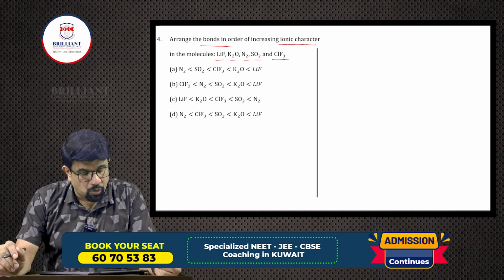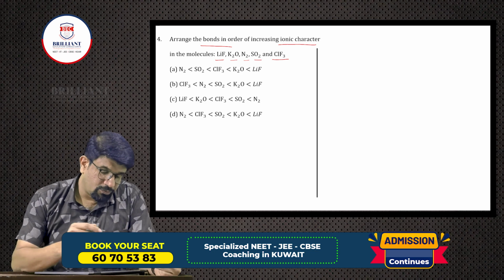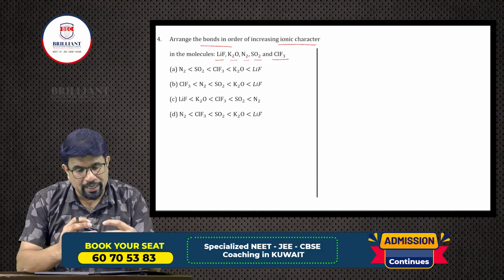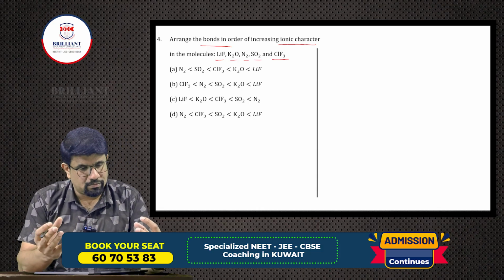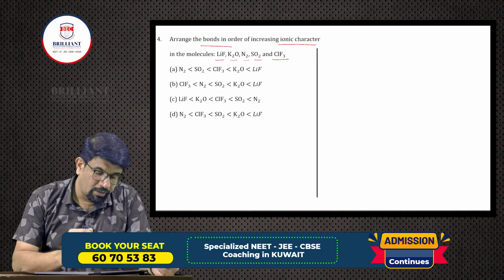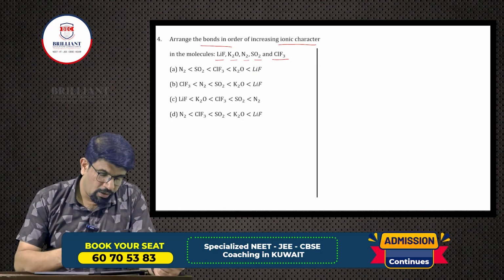Which molecule has more ionic character, students? This is very easy. Which have more electronegativity difference. Metal and non-metal, they have more ionic character. So LiF has more ionic character than potassium and oxygen, K2O, then ClF3, then SO2, last N2.